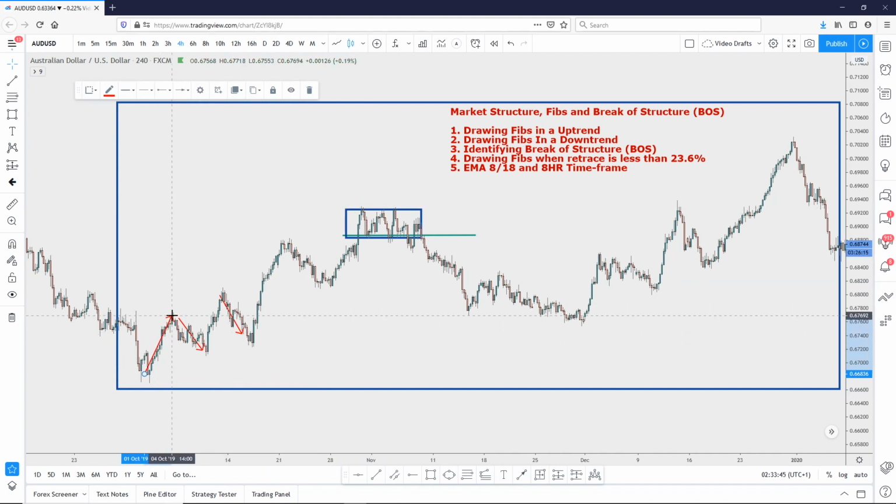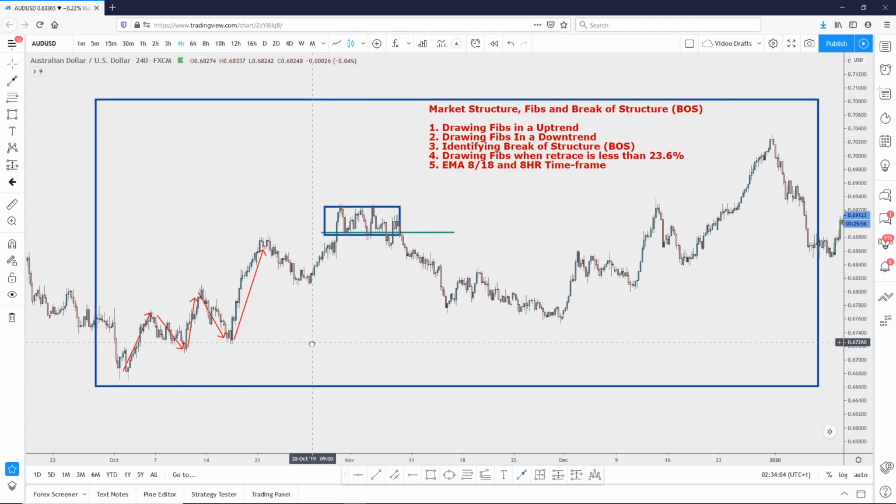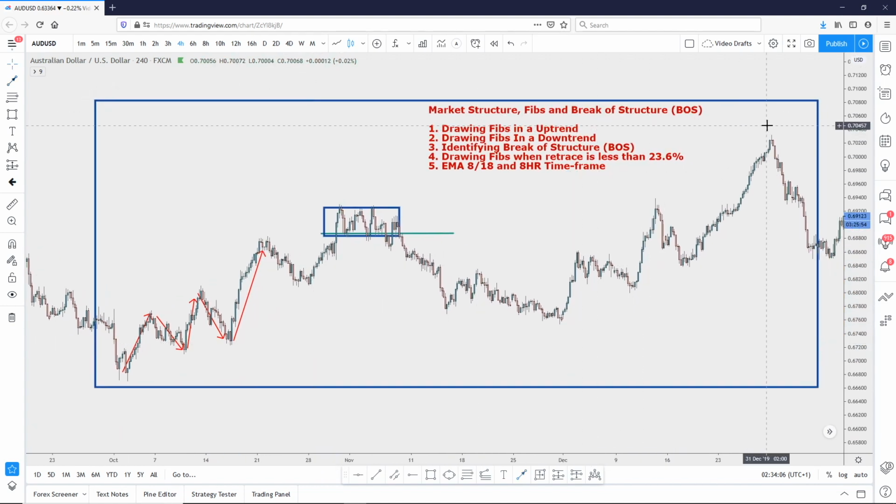It's going up and then it's going down. So if you haven't noticed, this is what market structure is. See how the market moves up and down? Well, there is some way to really follow this and map this correctly, and that's what market structure, Fibonacci, and breakout structure is all about.